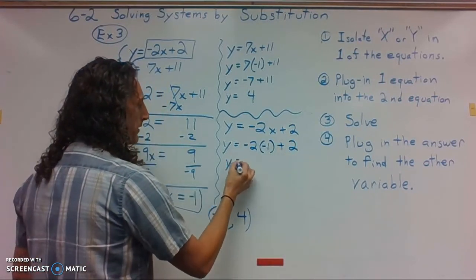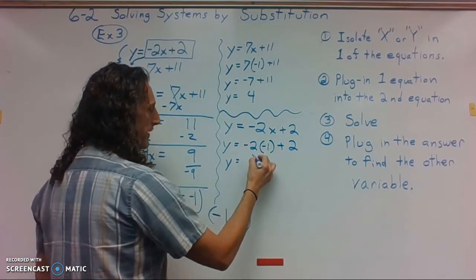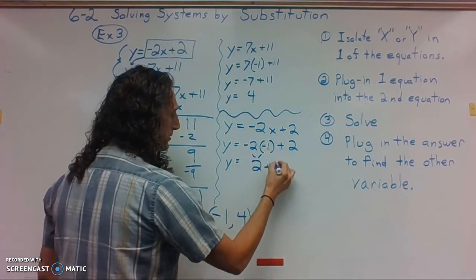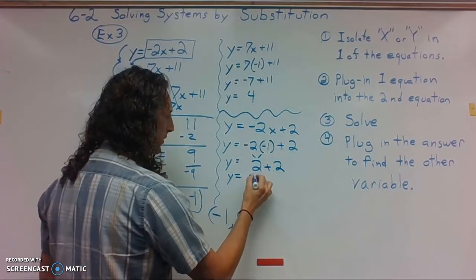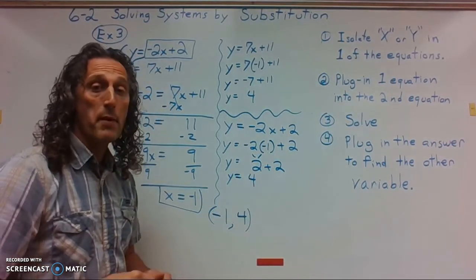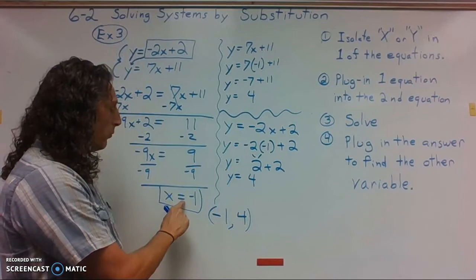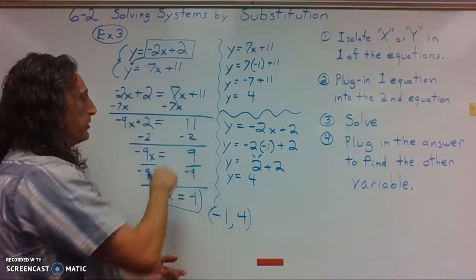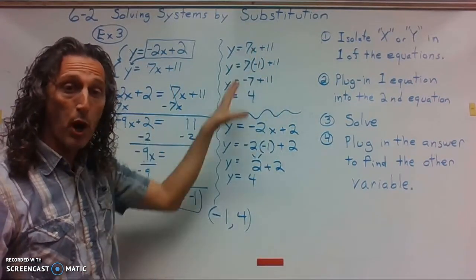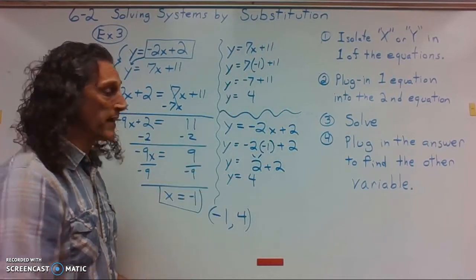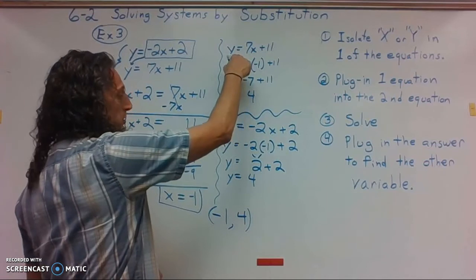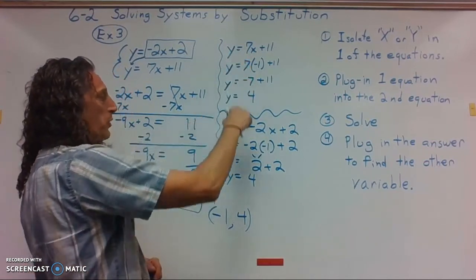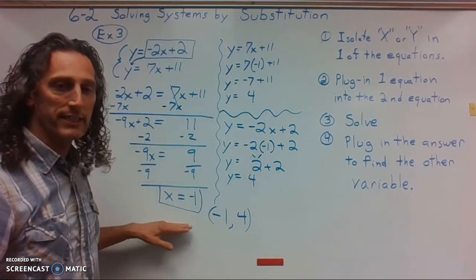Well, negative 2 times negative 1 makes a positive 2 plus 2. Right? Drop down that 2, and 2 plus 2 equals 4. So it does not matter which one you put this into. Just pick one. You don't have to do both, for the notes purposes, but I just wanted to show you that it doesn't matter which equation you choose. You can choose the first one or the second one to put this answer in.